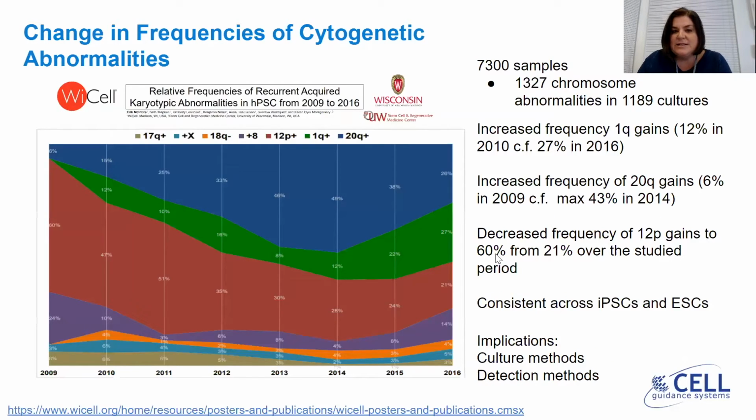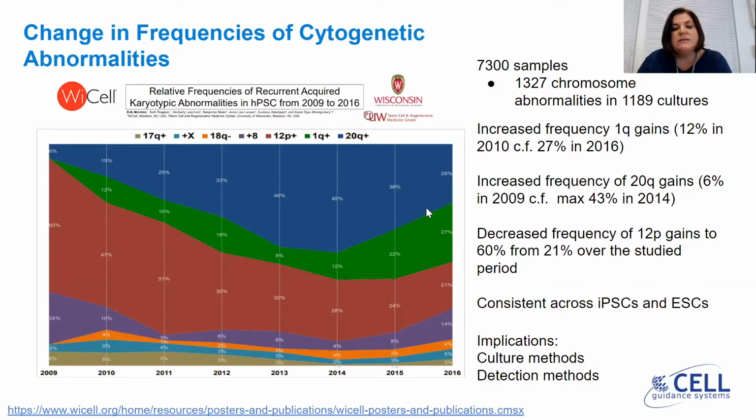What is interesting is that over time, anecdotally, we find in-house that there do appear to be changes in frequencies of cytogenetic abnormalities. The best published data I found on this has come from the University of Wisconsin in collaboration with their Stem Cell and Regenerative Medicine Center.